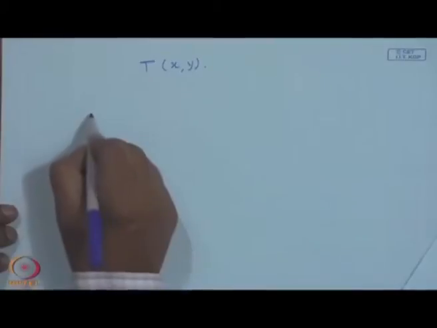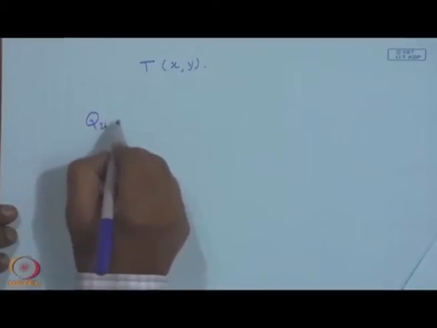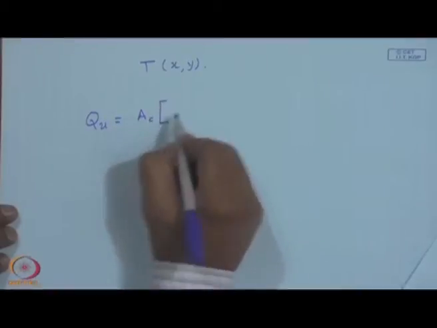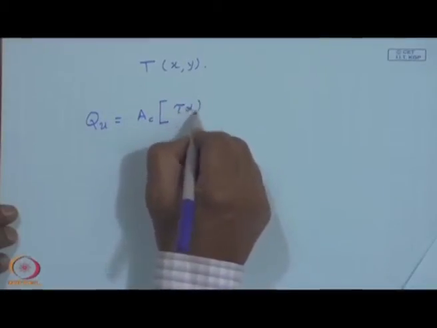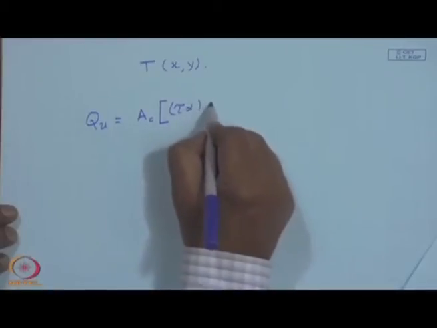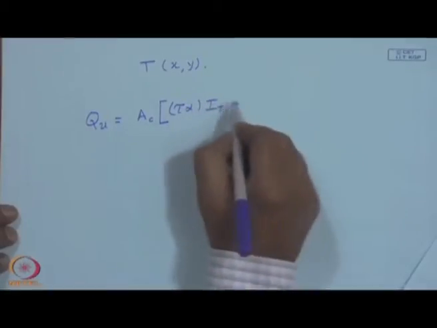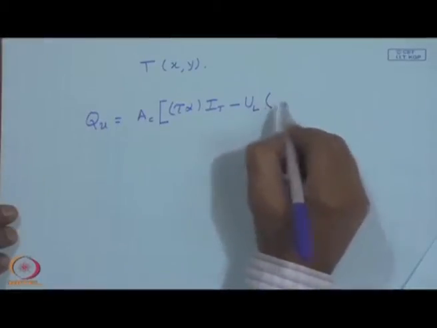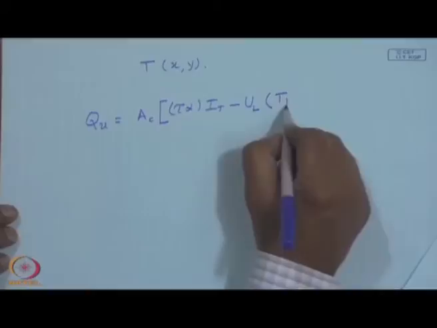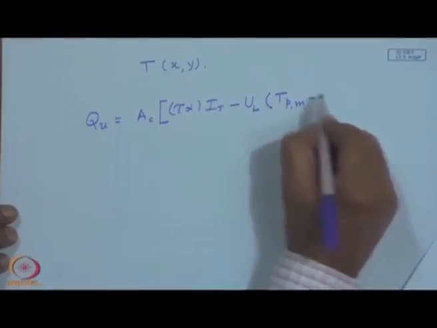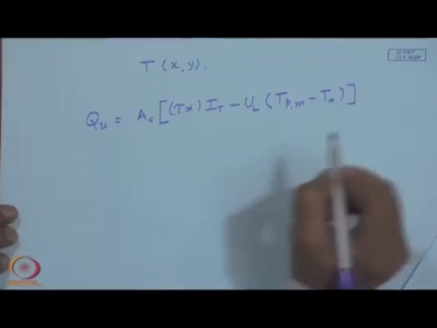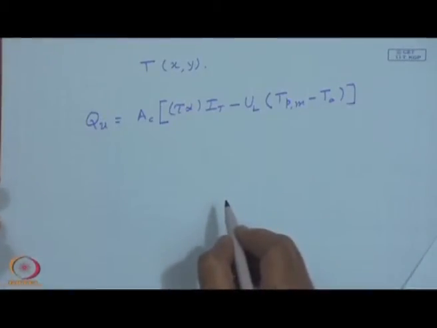Now, we briefly mentioned that the useful energy gain for a collector of area A c can be expressed as transmittance absorptance product multiplied by the solar radiation falling on the collector minus overall loss coefficient multiplied by, I will pick up a mean plate temperature to represent the entire absorber plate. In other words, it is a single node analysis.